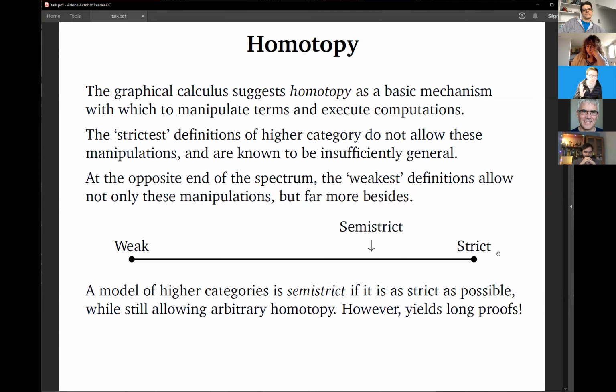And a semi-strict definition of n categories will be useful for that purpose. But much more often, we're concerned not with proving that a certain structure is an n category, but with building proofs in that n category. And then in that case, semi-strictness has the following problem.